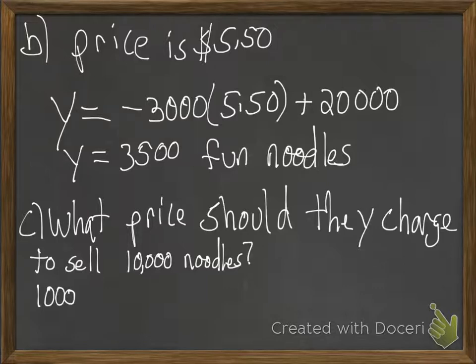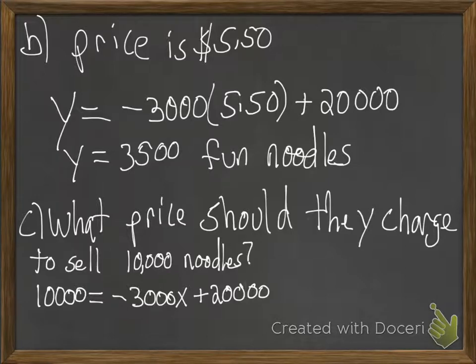So we plug 10,000 in for Y. So 10,000 equals negative 3,000x plus 20,000. So to solve for x, we'd subtract 20,000 from both sides. Oops, not 2,000, 20,000.